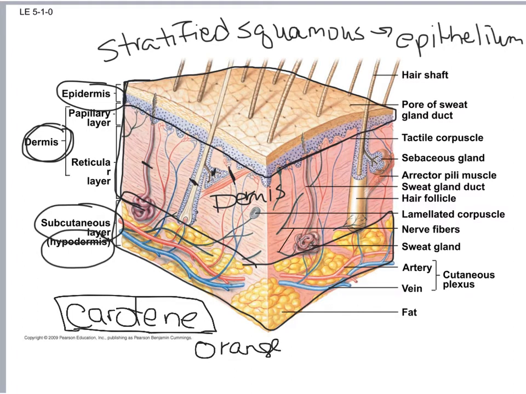So we normally don't find this in the skin, but it's found in orange vegetables, like squash, carrots, things like that. And it accumulates in the epidermis, in the cells of the epidermis. And so a person that would eat a lot of these vegetables will actually have an orangish glow to them, an orangish appearance.